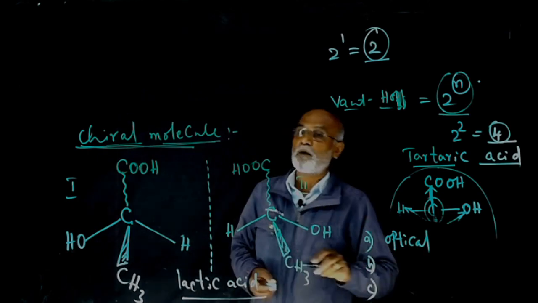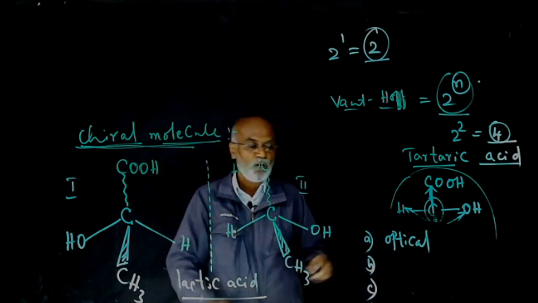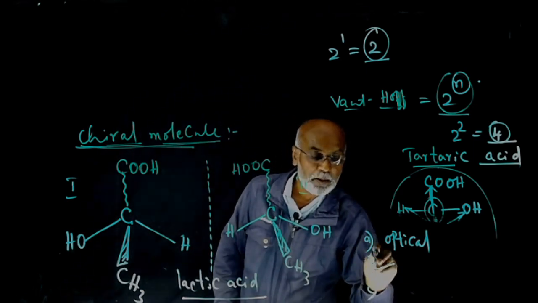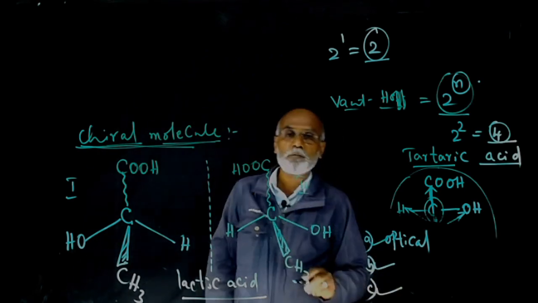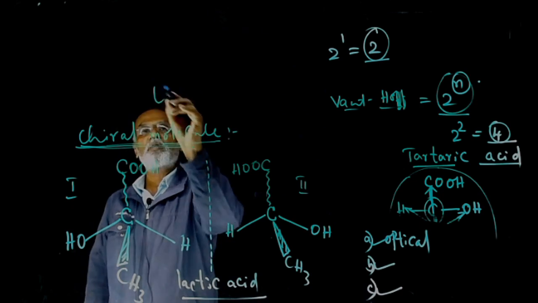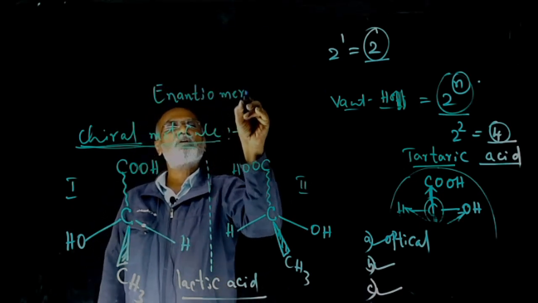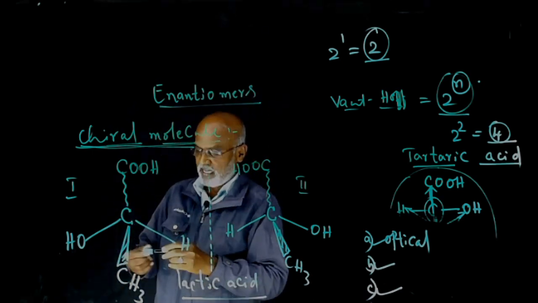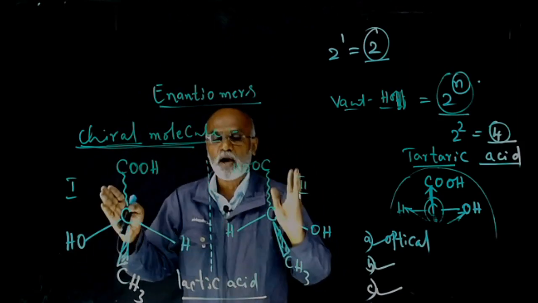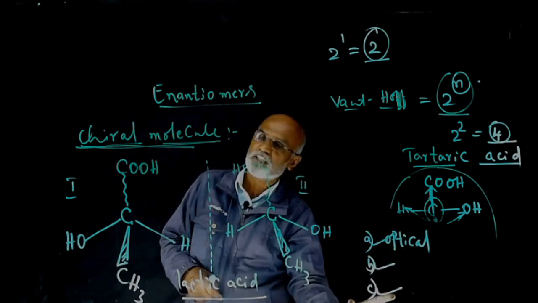Please note, a pair of optical isomers which are related with each other as an object and mirror image, which are non-superimposable on one another, are called enantiomers. Please, very important. Structure 1 and structure 2 are examples of enantiomers. To call two isomers enantiomers, they have to satisfy the following three conditions.